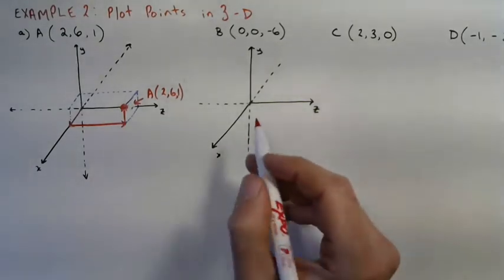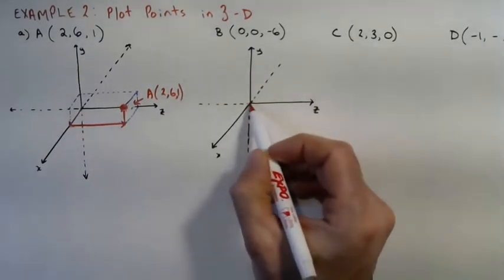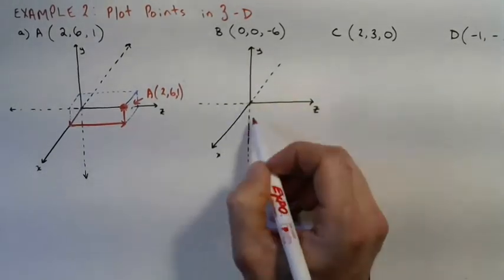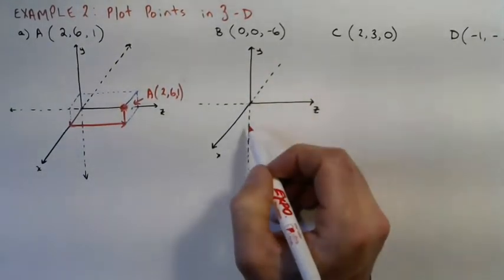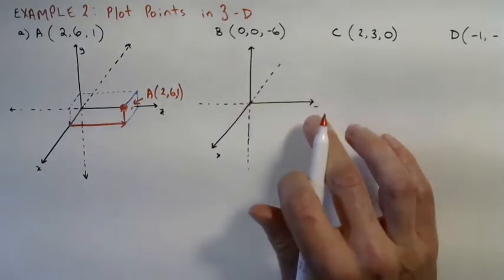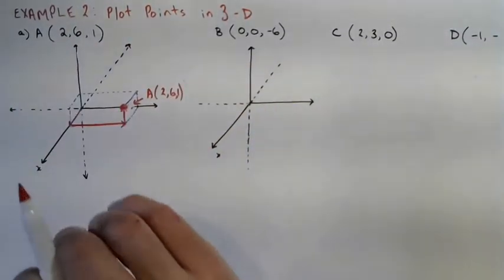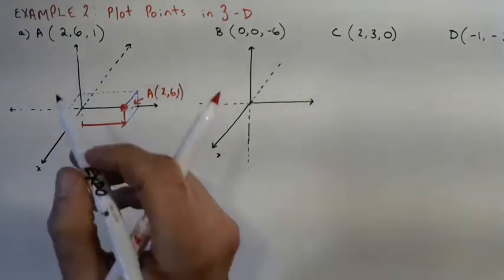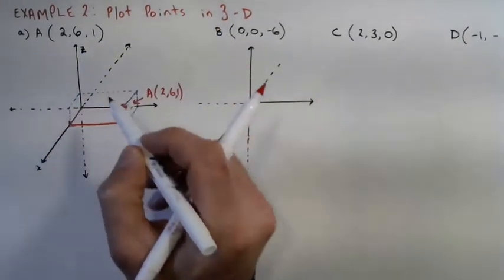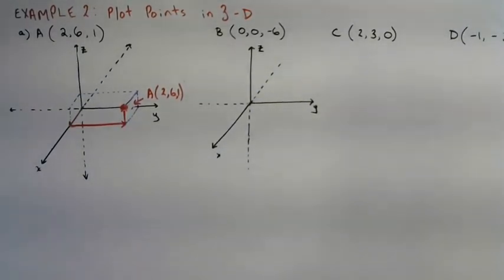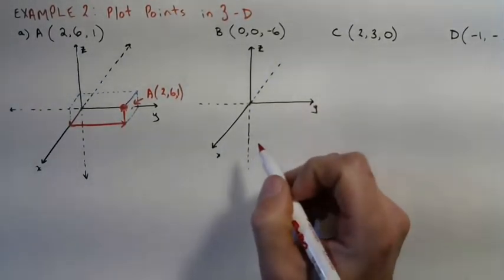Well, that one's pretty straightforward. I'm at the origin. I'm not moving anything in the X direction. Not moving anything in the Y direction. Oh, these are backwards. Yep, I did that backwards. I think I talked about it correctly. Z, Y, X. Okay, sorry about that.